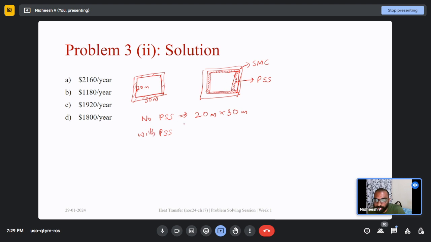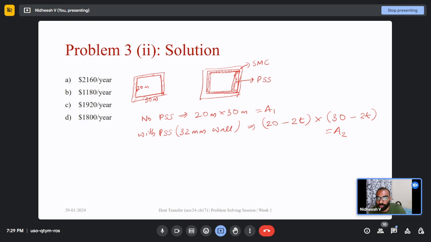This thickness is 32 mm. It is no longer 20 meter cross 30 meter. It would be 20 minus 2 times thickness, cross 30 minus 2 times thickness, right? Say this is A1, say this is A2, area before insulation and area after insulation.